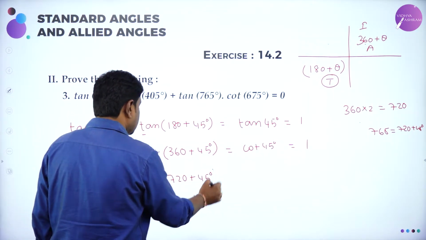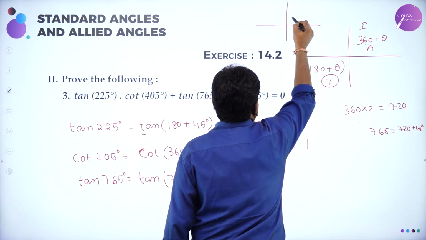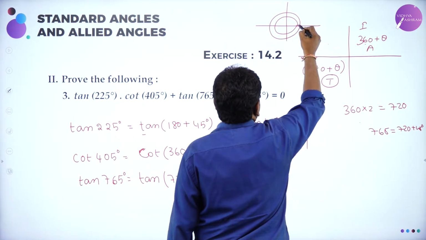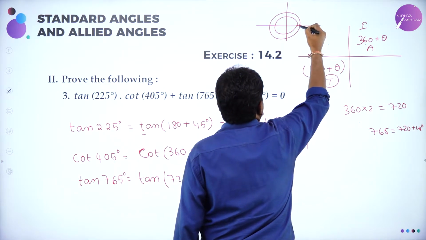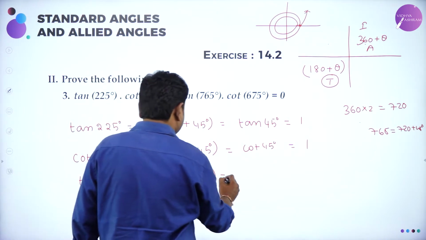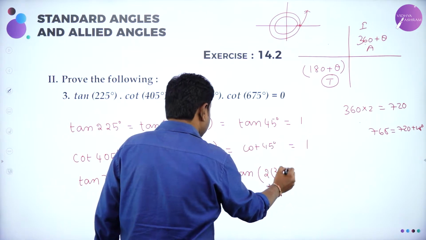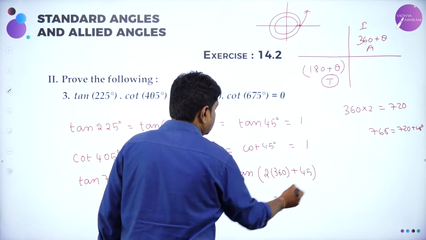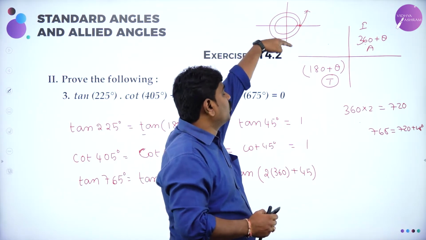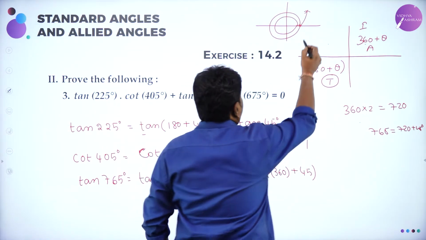Tan 720 means 2 times 360, so you will rotate and come back to the line, and plus 45 means you will be in the first quadrant. So I can write 720 as 2 times 360 plus 45. I rotated 2 times, and then plus 45 means I'm in the first quadrant.